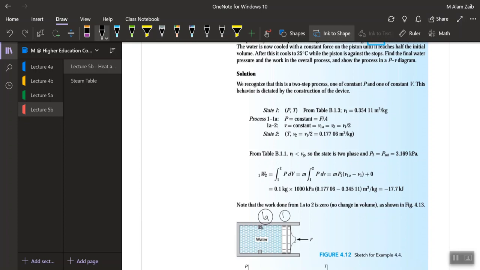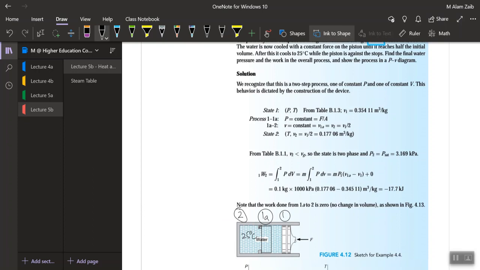Then when the piston reaches here, the cooling continues to 25 degrees centigrade while keeping the volume constant, and that would be our state 2. We could write state 1, 2, 3, but as the book says 1, 1A and 2, we will stick to that. Find the final water pressure at 25 degrees centigrade and the work done in the overall process.